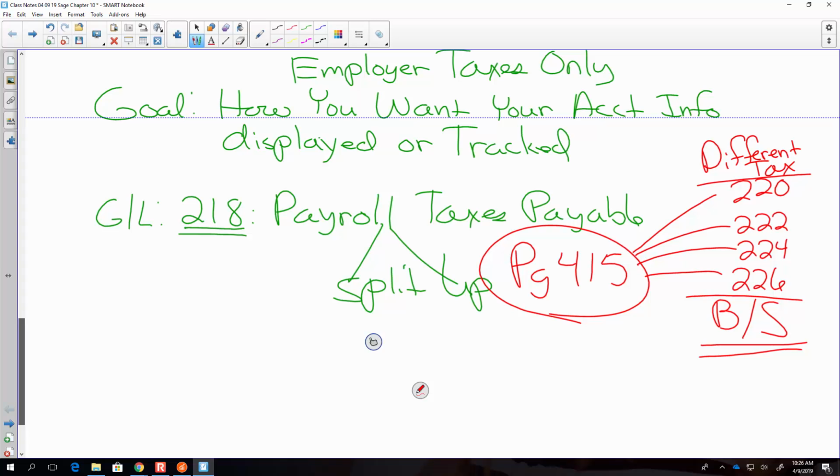For my Social Security, let's just say account number 222, I should see that 12.4% going into there, both the employee and employer portions. In 224, I should see the 2.9% Medicare going into that account only. I should see the federal withholding going into the 220 account, withheld from the employee's paycheck.